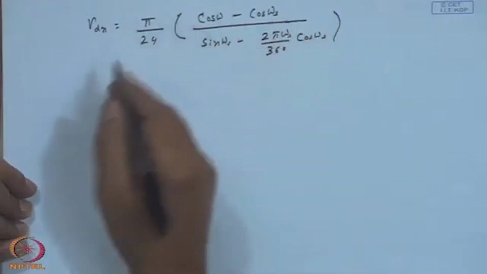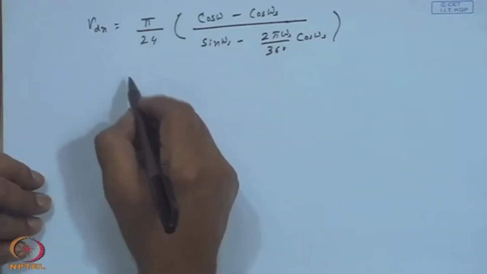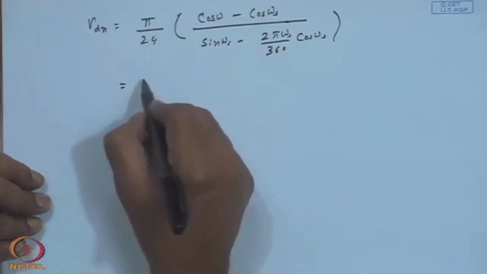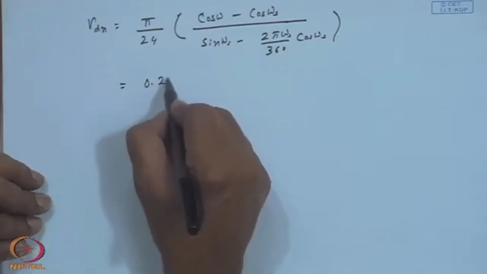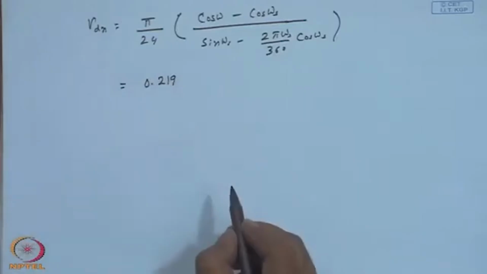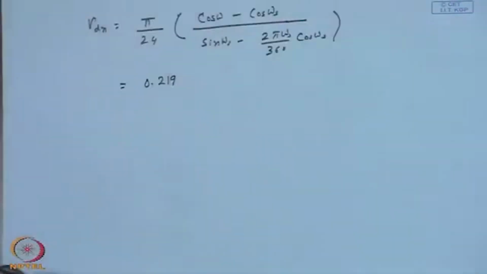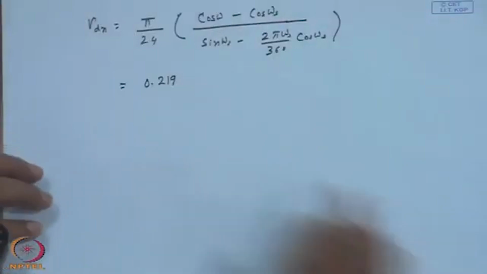So, that A plus B cos omega I can easily subtract. That is the advantage of some intermediate calculations, though I have not shown, just divide by that number, you will get 0.219. So, we got RTN and RDN.